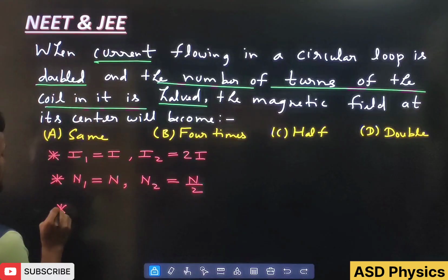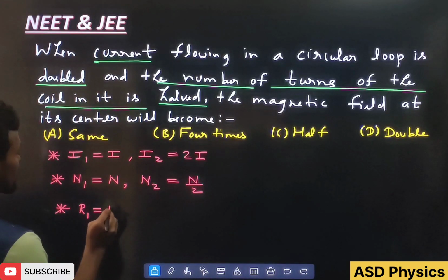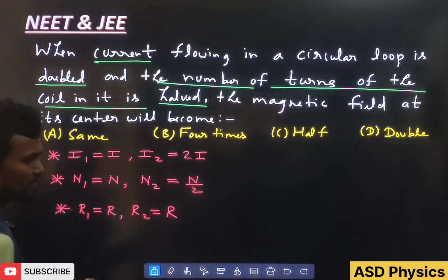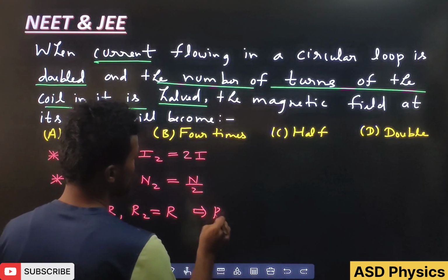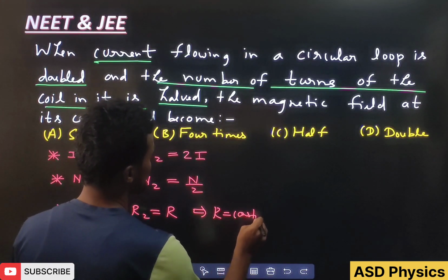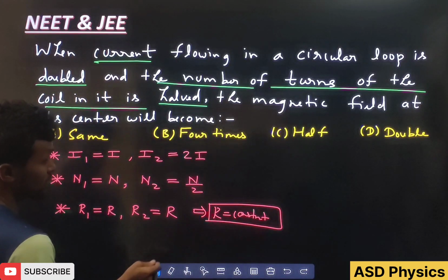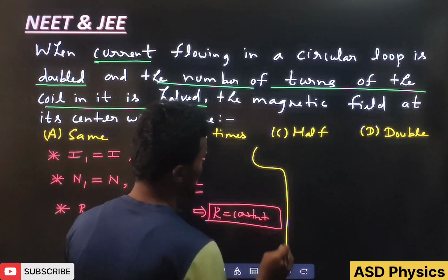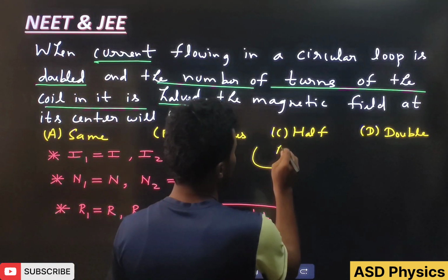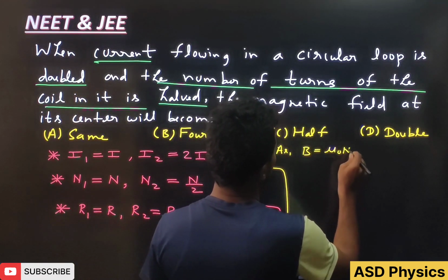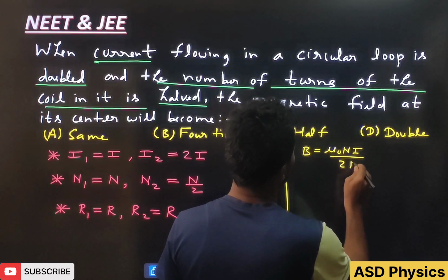Now radius, anything they told about the radius? They did not tell. So initial radius is R, final radius is also R. So we can tell this radius is a constant. Because we should know very well what are the constant things. Now we know very well B equal to mu naught Ni by 2R.